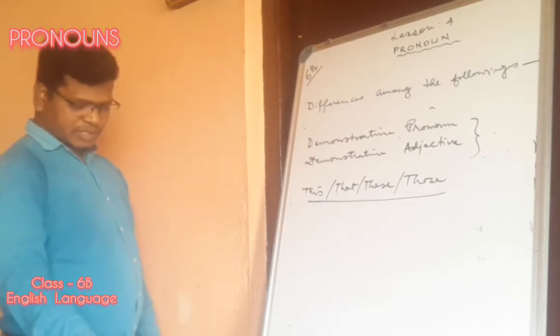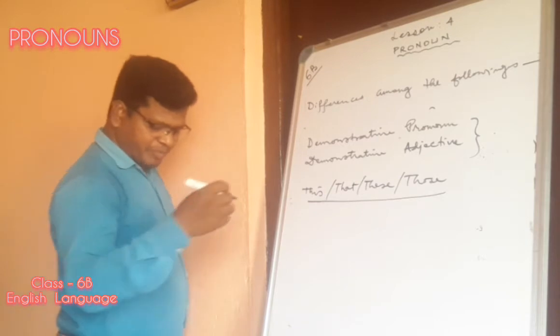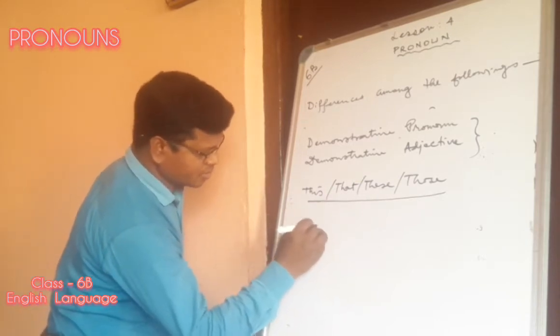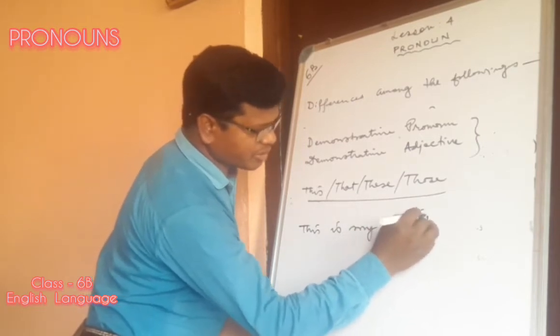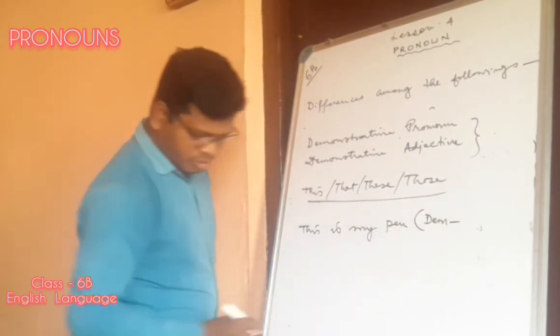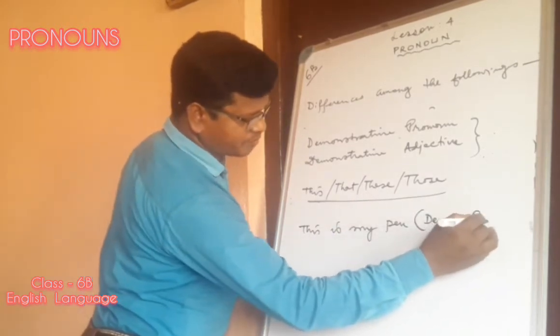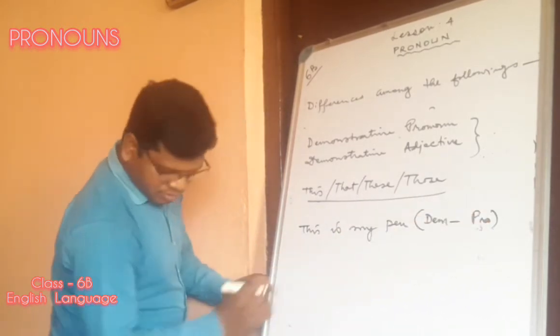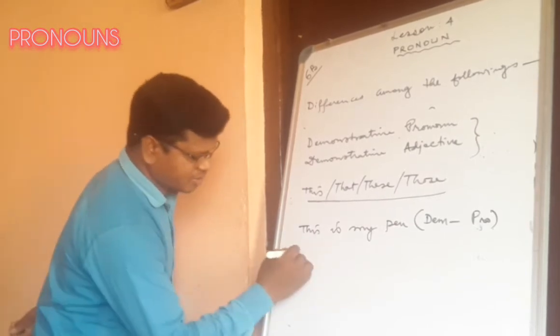Let's see the examples which we have here. This is my pen. Within the bracket you can see it is a demonstrative pronoun. Another example is, this puppy is my pet.